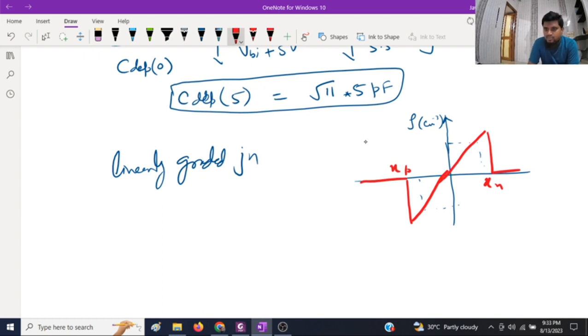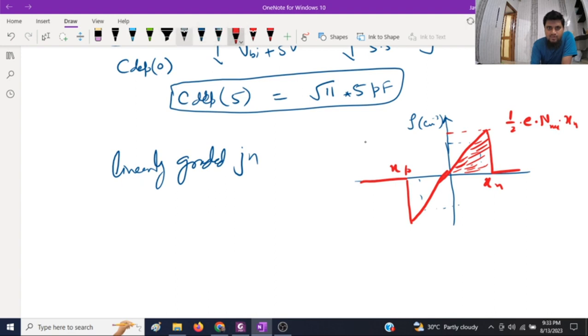Now the total charge over here, if you approximate it with a triangular wave, will be 1 by 2 into E into whatever is the peak value, E max, into xn. And then you calculate all the derivation.